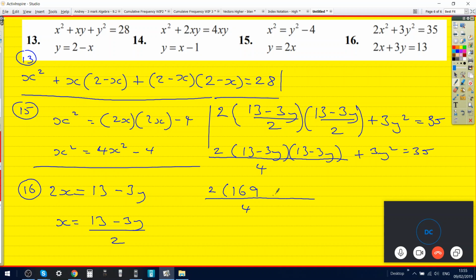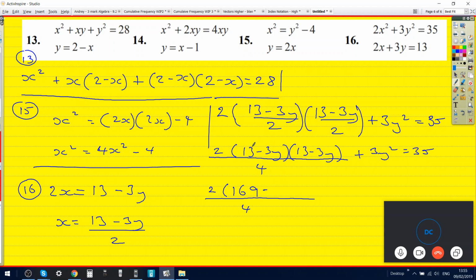Go on. So if you're just expanding 13 minus 3y, 13 minus 3y. So okay, 169 minus 9y squared. And is that it? Yeah, plus 3y squared equals 35.